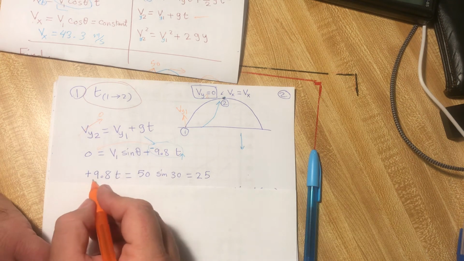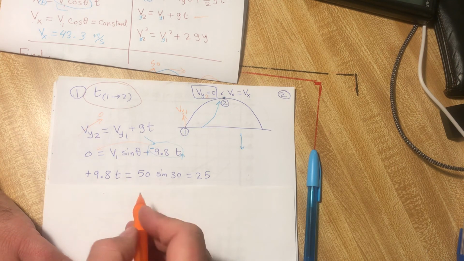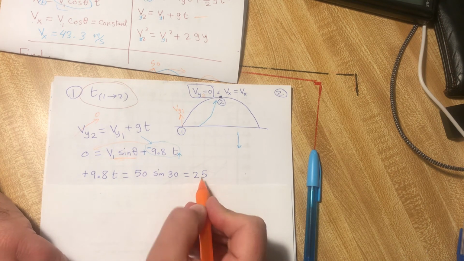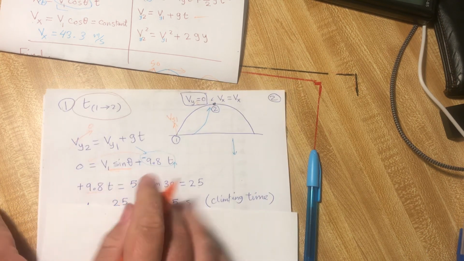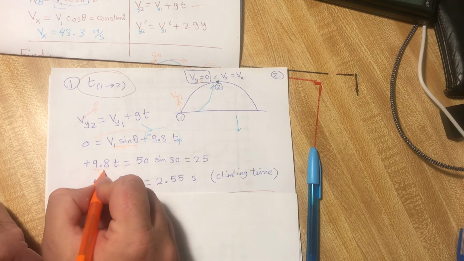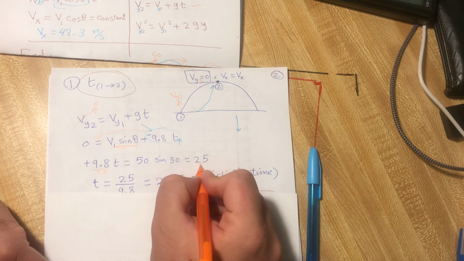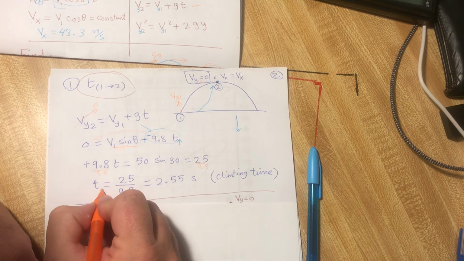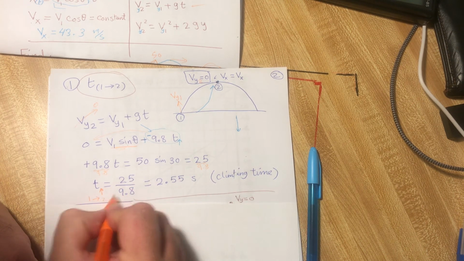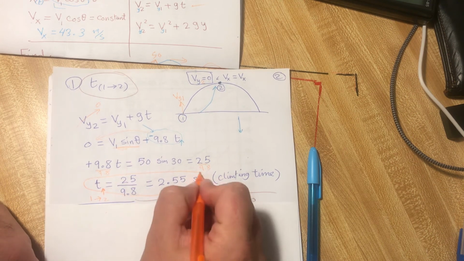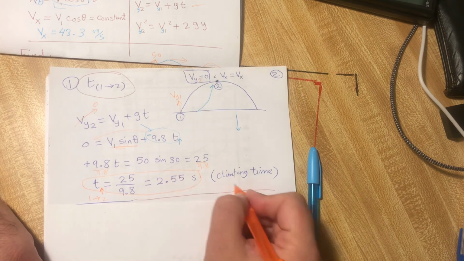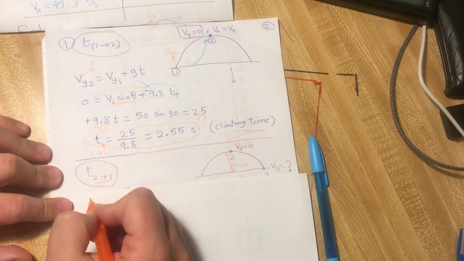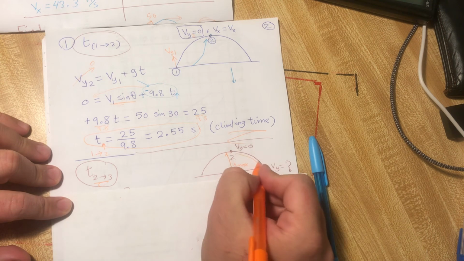It will be positive 9.8 t is equal to 50 multiplied by sine 30, which is 25. I will divide both sides by 9.8. Then t going up from 1 to 2 is equal to 2.55 seconds, the climbing time.